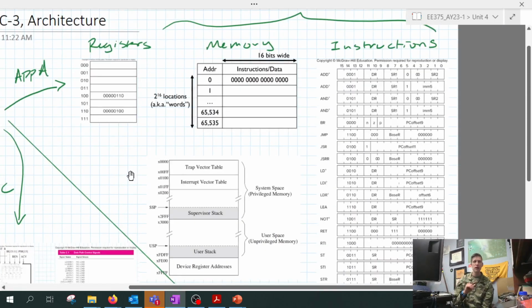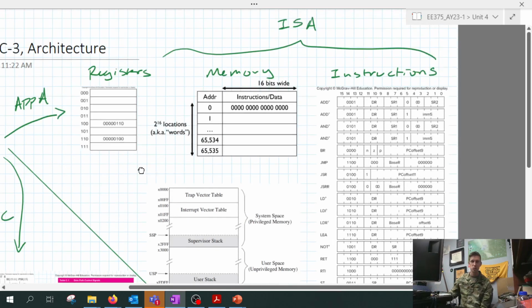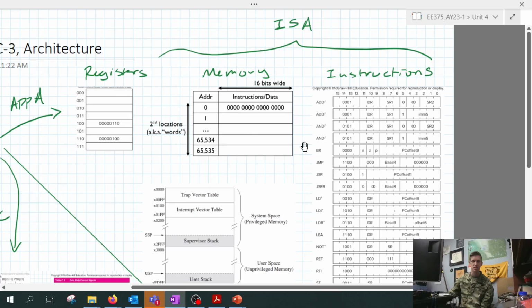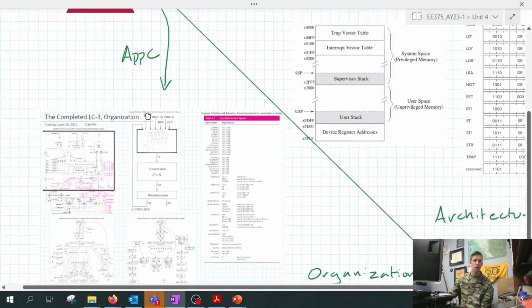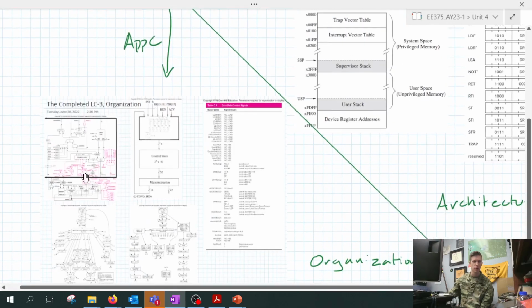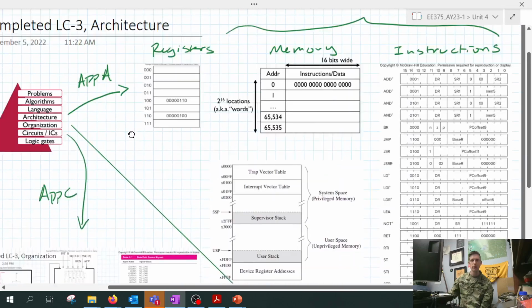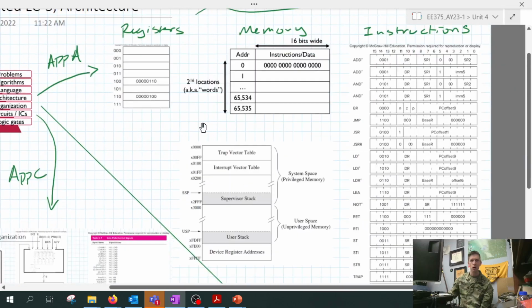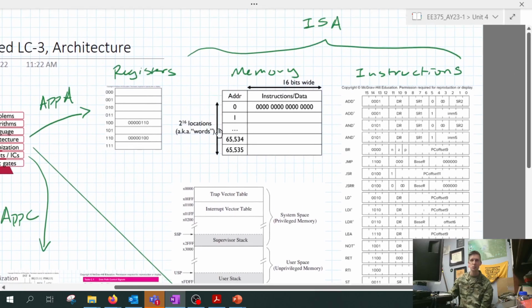In fact, when we get to Unit 5, we'll see one variation on this architecture, which still meets the specifications of this architecture design, but in a different way than we've analyzed so far, which has some benefits and some detriments. So if you are in Appendix A, basically you're in this part of the LC-3 called the architecture, which is almost more like an interface.